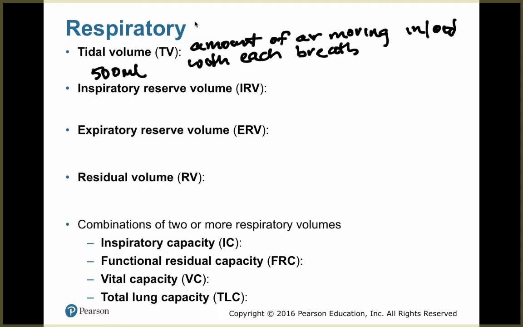Inspiratory reserve volume, IRV, is the amount of air that can be inspired forcibly beyond the tidal volume, the air taken in after tidal volume.